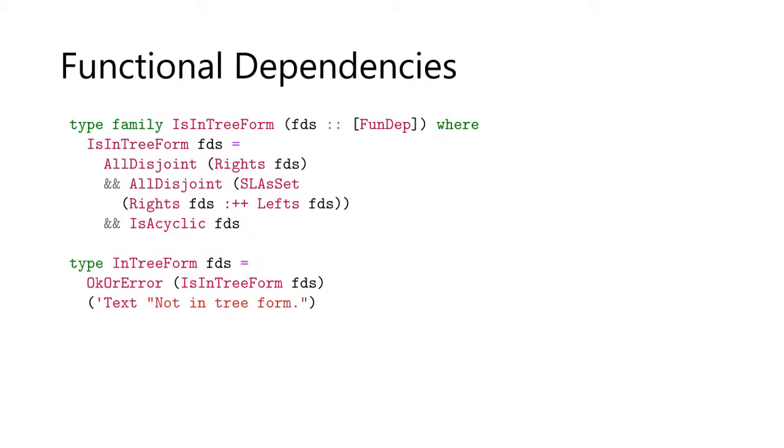Using this, we can define the tree form check in a fairly straightforward fashion. I won't go into details of the implementation, but the top-level tree form definition is shown on the slide. In the example shown, we also throw a user error using a custom-defined function, OKOError, when the functional dependencies are not in tree form.